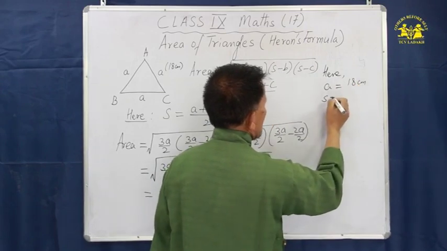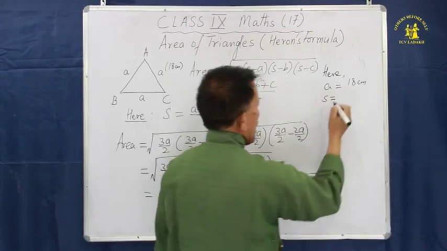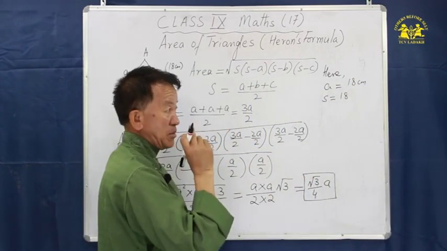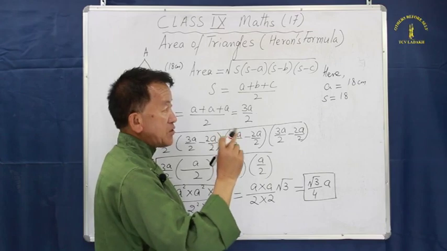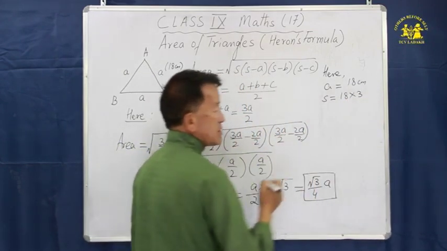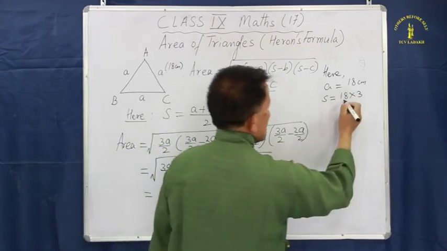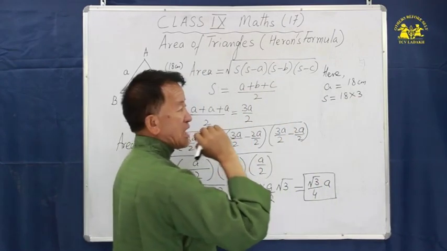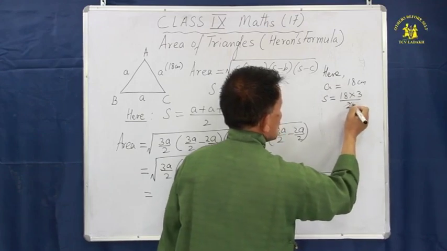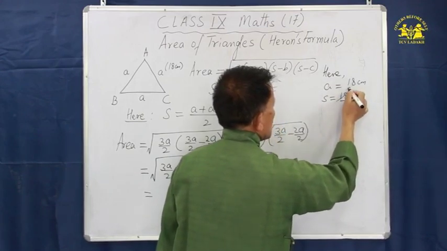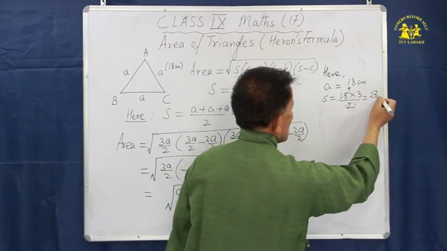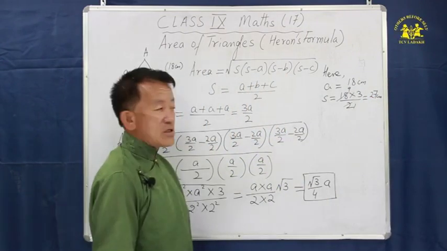So S will be equal to 18 plus 18 plus 18 divided by 2, or you can write it as 18 multiplied by 3, this is a repeated addition. So divided by 2. 2 ones are 2, 2 nines are 18, 9 threes are 27. So S is 27.